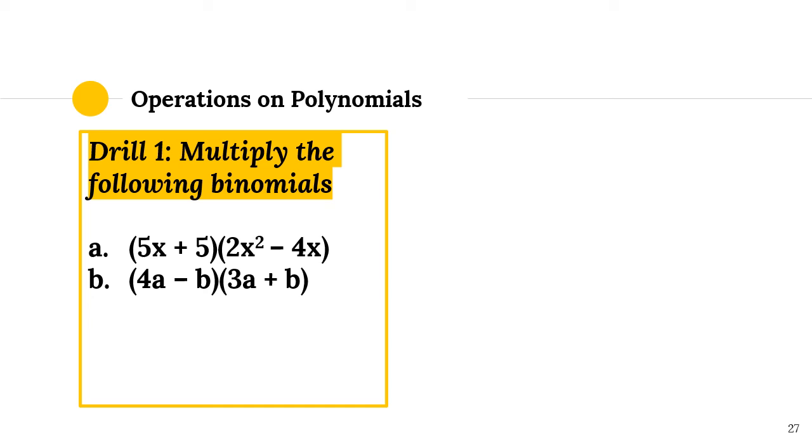And last, we have last terms, negative b times b, or negative b squared. Simplifying, we have 12a squared plus ab minus b squared. Final answer is 12a squared plus ab minus b squared.